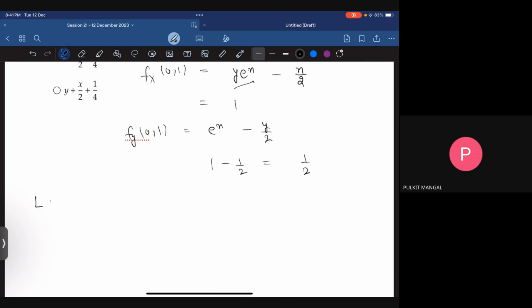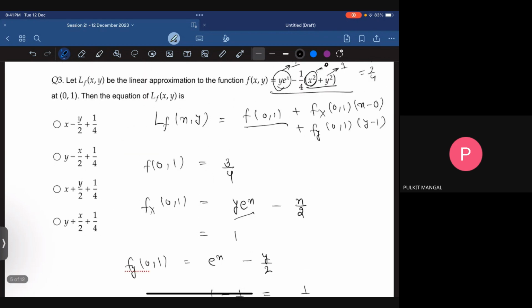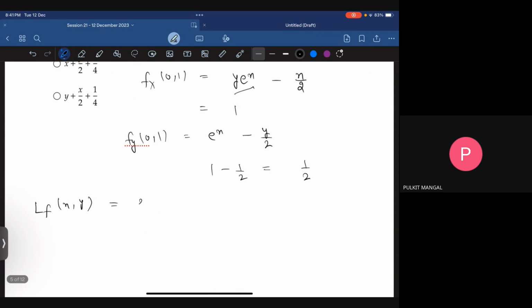Okay, so just plug these values into the given expression. The linear approximation of the function at the point (0, 1): my function value was 3/4, plus the derivative with respect to x is 1, so 1 times (x - 0), plus the derivative with respect to y was 1/2, so 1/2 times (y - 1).